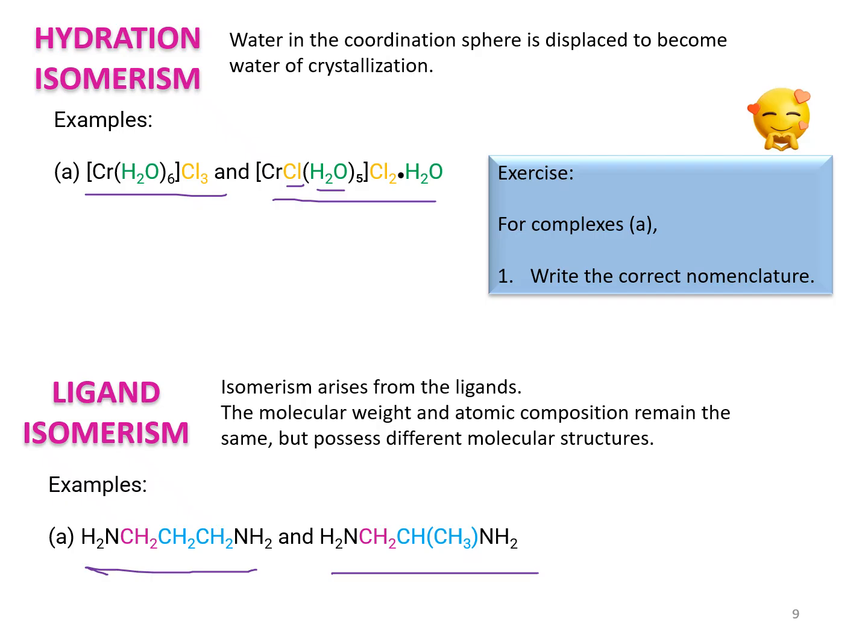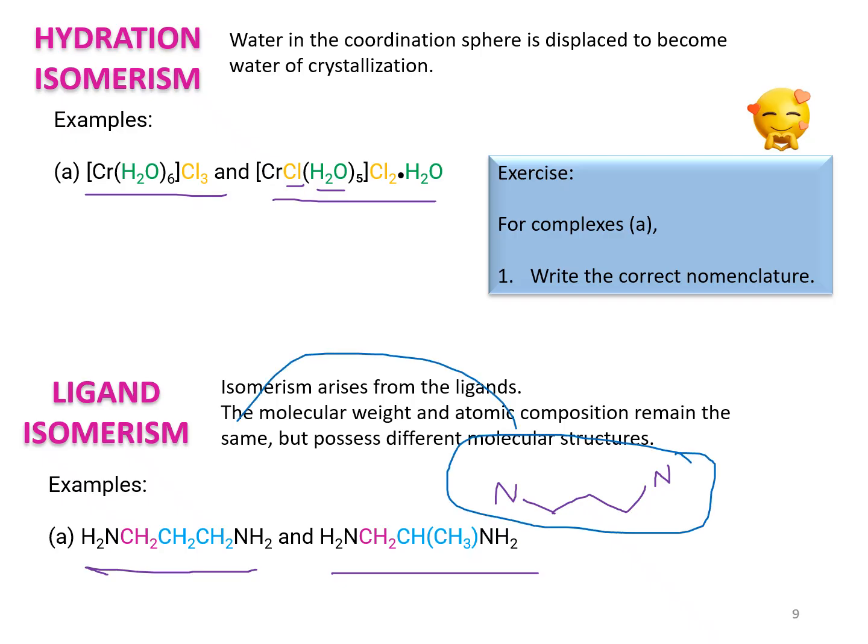You see, the first ligand here is just a straight chain, a normal simple chain, where 2 amino groups are located at the end of the chain. Like this, for example, the end is here, 1, 2, 3, the end is here.